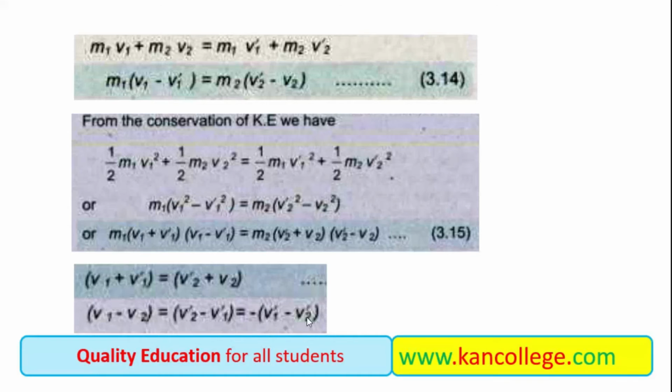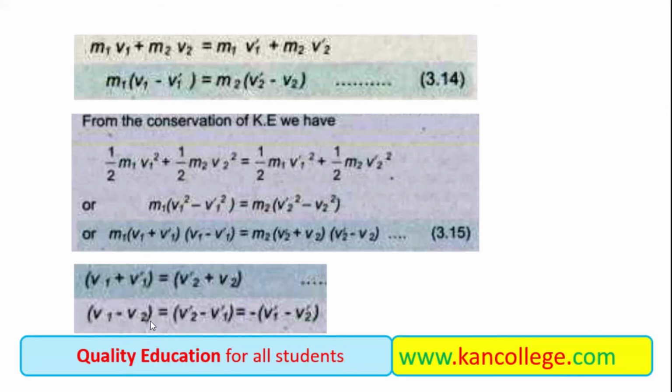But after collision, the negative sign shows that m1 is getting away or receding, with a speed of minus 6. They are receding, or moving away from each other. It means the speed of approach and speed of recession are equal but with opposite sign.